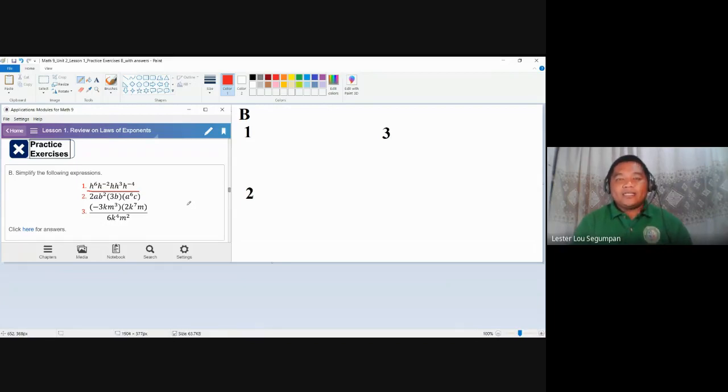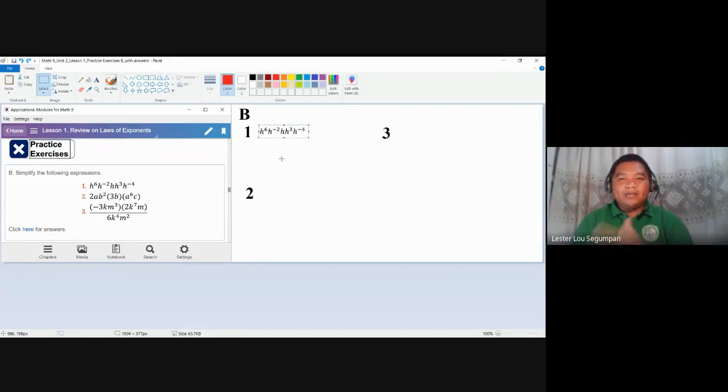Okay, that is why we started with practice exercise A in determining what is the base, because here we really need to determine which of the expressions have the same bases. As for number one, we actually have the same bases. All the bases of this exponentiation are letter h or variable h.